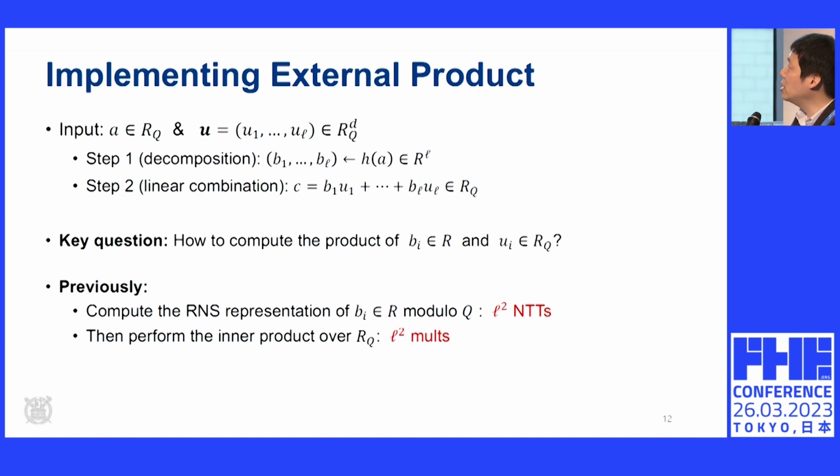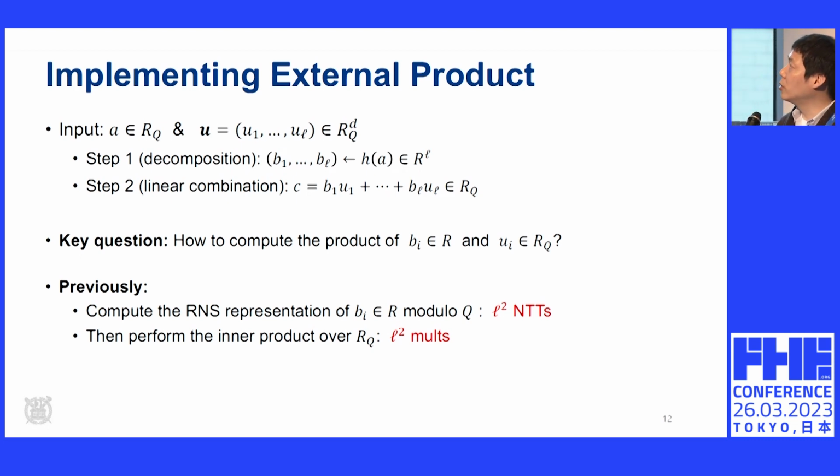And this conversion is extremely expensive because you need to perform NTT operations for all the different moduli Q1 to QL. So you need to compute Ui modulo Qj for all pairs i and j. That's why it requires quadratically many NTT operations.